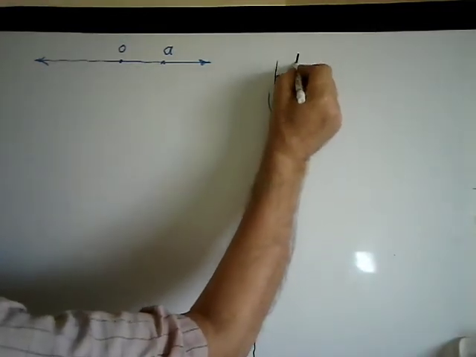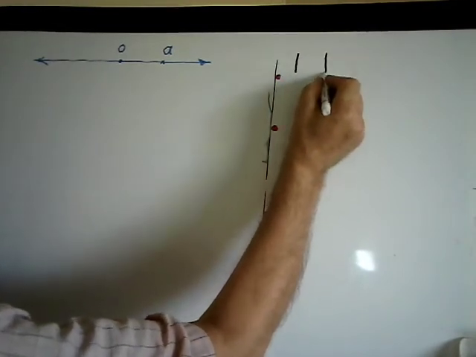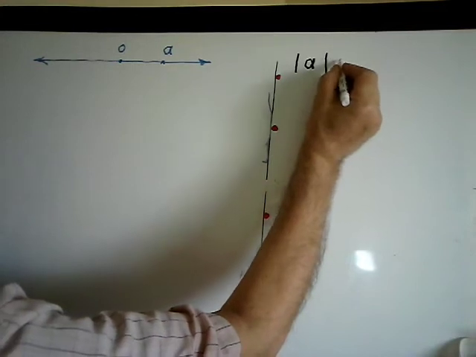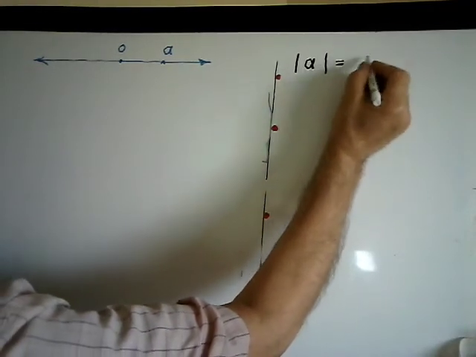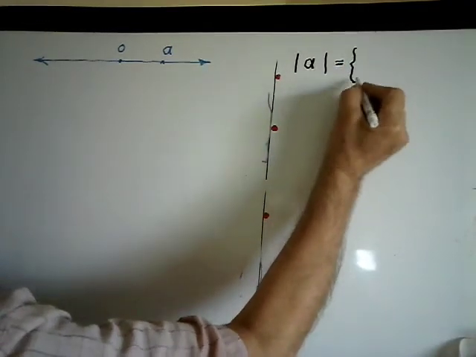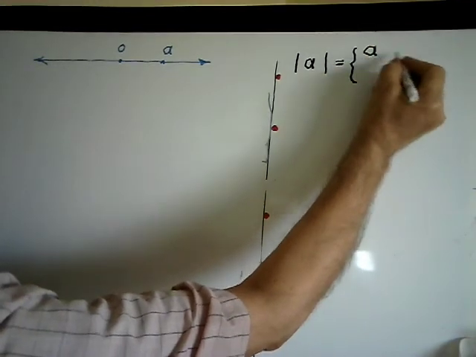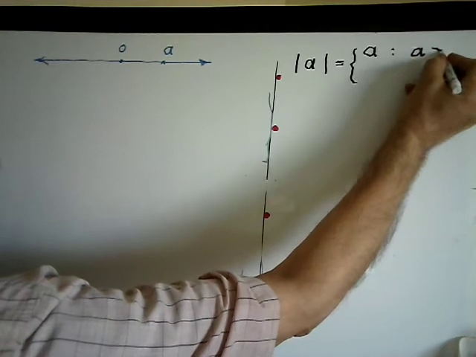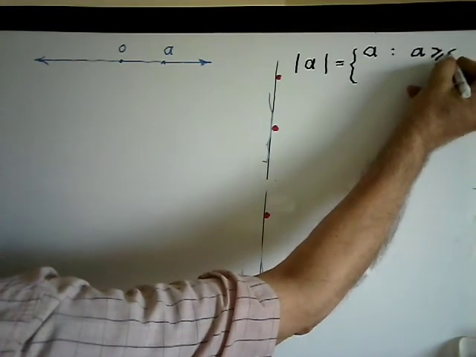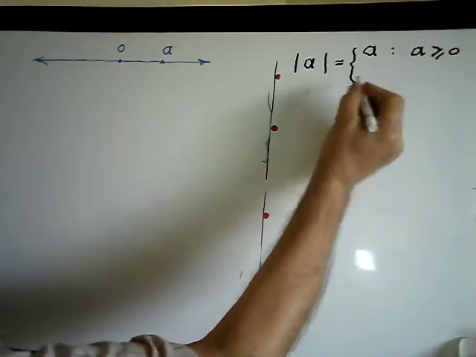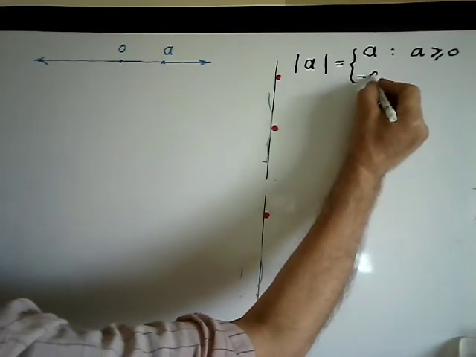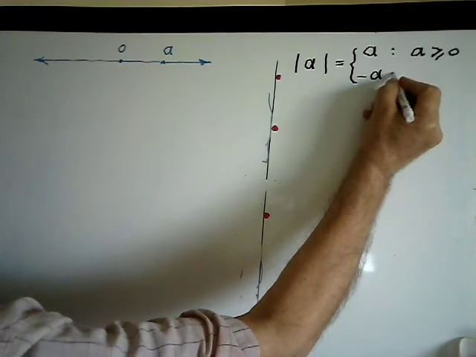Absolute value for a equals a when a is positive or 0, or absolute value of a is negative a when a is negative.